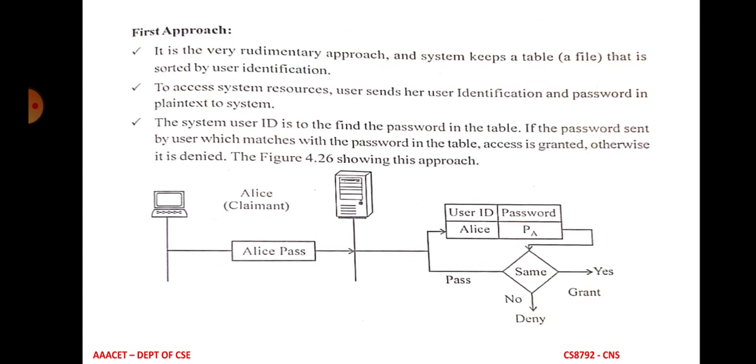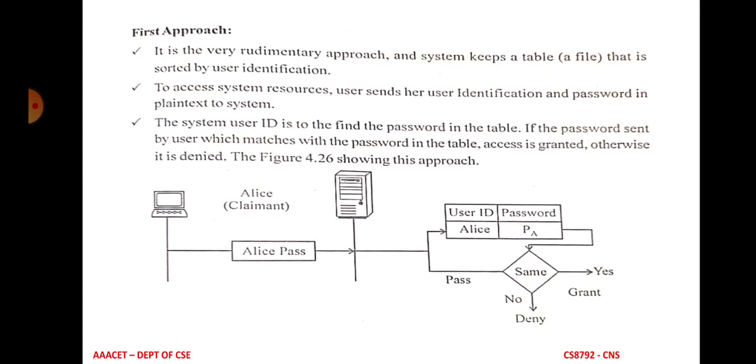So this is the approach. Each time we have to enter the password, a system keeps a table or a file that is sorted by the user identification. To access the particular system resources, the user enters their identification and their own password in plain text only. The system uses the user ID to find the password in the table.